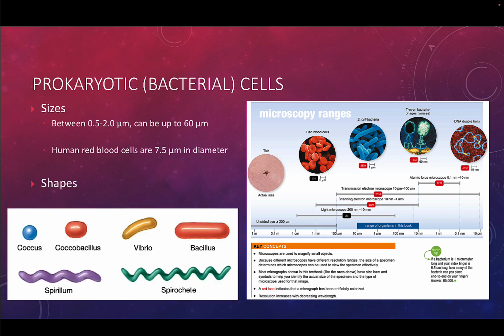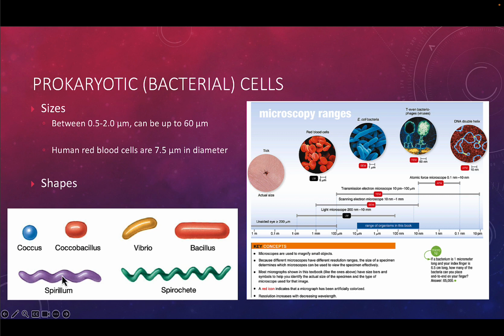Prokaryotic cells can come in lots of different shapes. We call this rod shape a bacillus. This circle shape we call a coccus. There's an intermediate, coccobacillus. Good luck identifying that under a microscope; that's pretty challenging. We have these curved cells that are called vibrio.